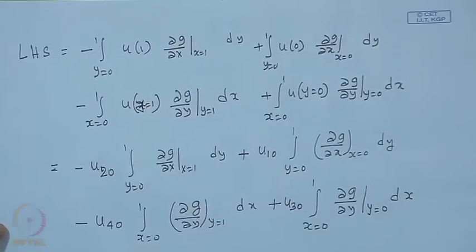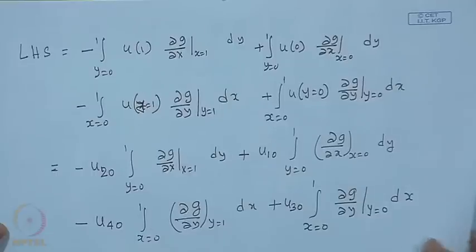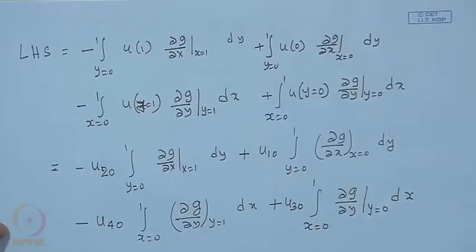So, the left hand side will have 4 terms. These 4 terms correspond to the 4 non-homogeneous terms in the boundary conditions. Now let us look into the right hand side.